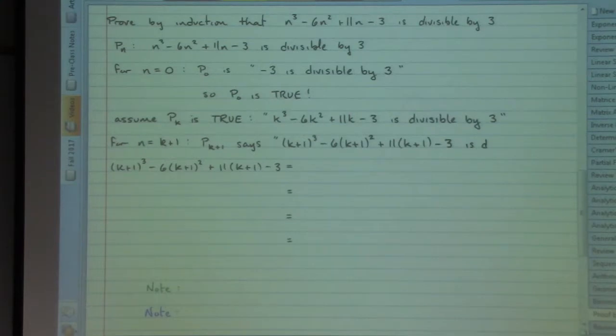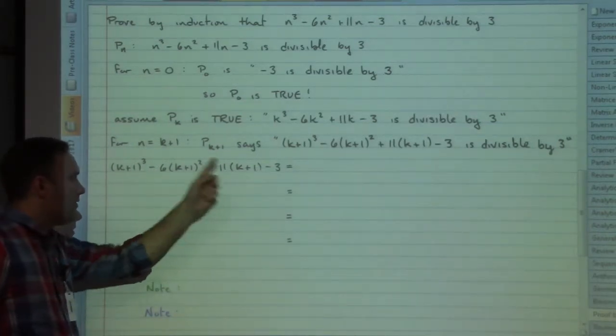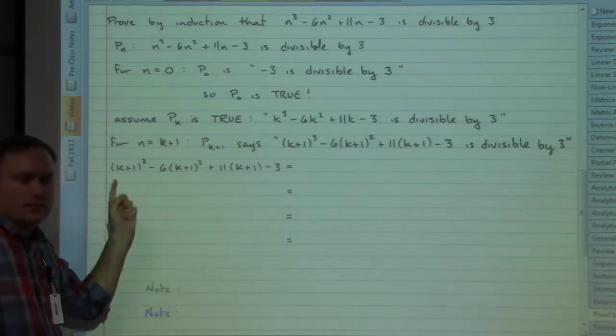And so that whole big deal is, we believe, divisible by 3, but we actually have to justify that this statement is true. So we're going to have to tinker around with this expression.